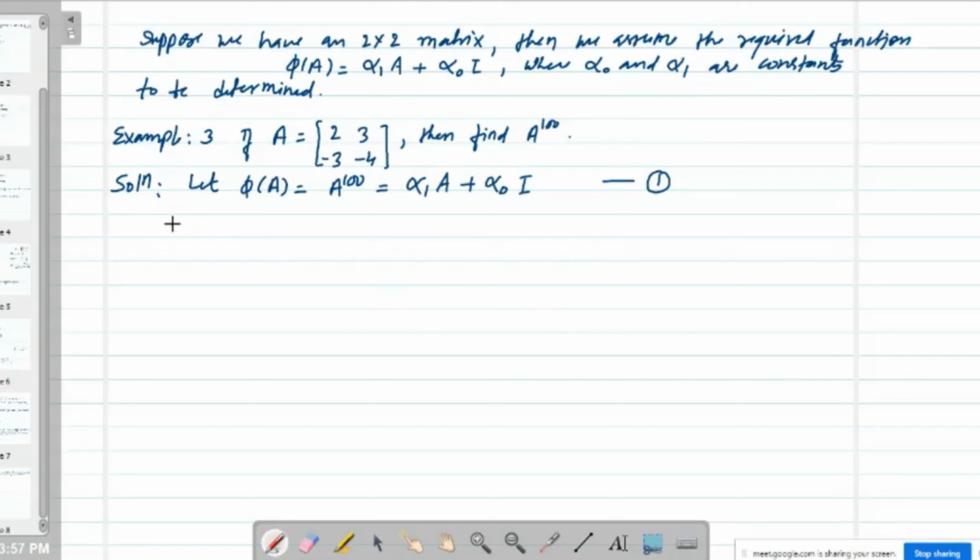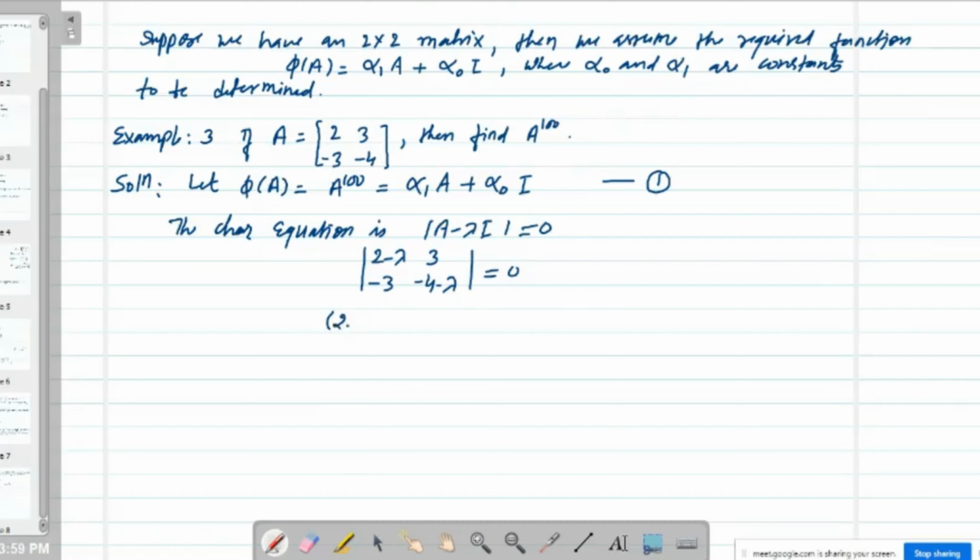Now the characteristic equation is given by A minus lambda I equal to 0. So we will have characteristic equation 2 minus lambda 3 minus 3, then minus 4 minus lambda, and this equal to 0. Now find out the eigenvalues of this matrix. So you will get multiply 2 minus lambda, minus 4 minus lambda, then 3 3 is 9, minus minus goes plus, and this equal to 0.